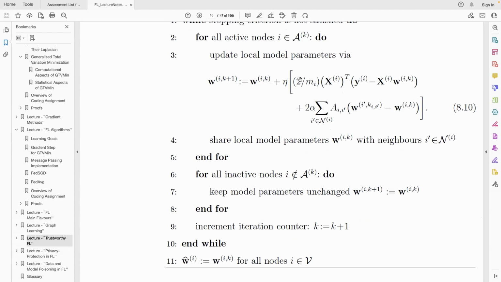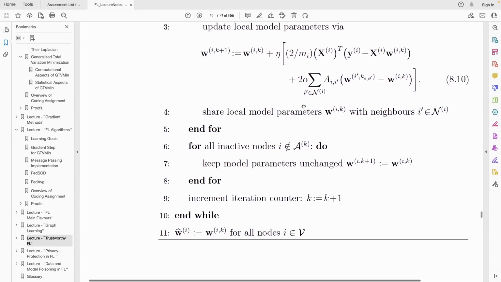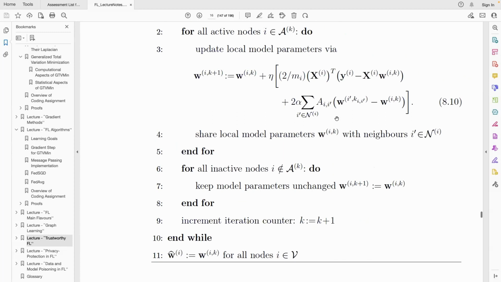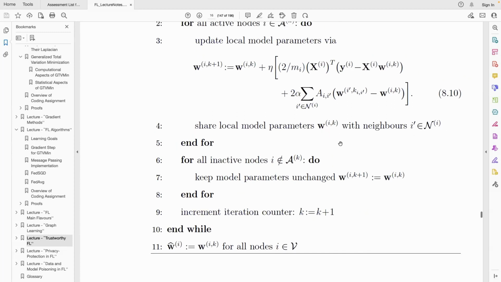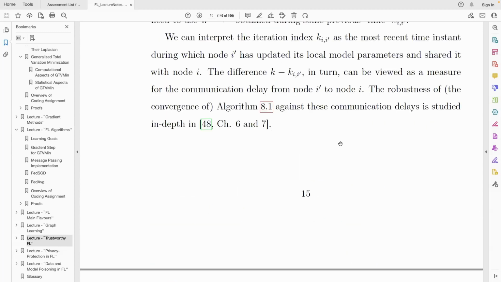It doesn't matter how long it sleeps, but if at some finite point it wakes up again and contributes, and then goes to sleep again for an arbitrarily long time, but again wakes up, then as long as every node does this, it will converge. This is a pretty amazing property of this simple distributed gradient descent method, that it is also very robust against asynchronous operation. I spare you the details of the proof.